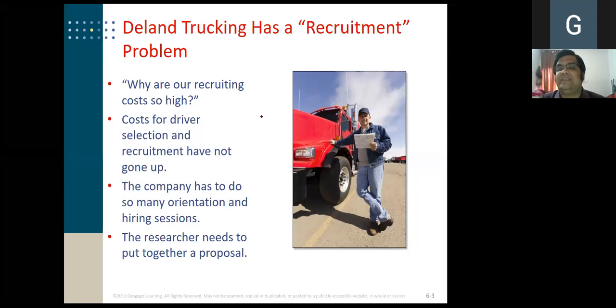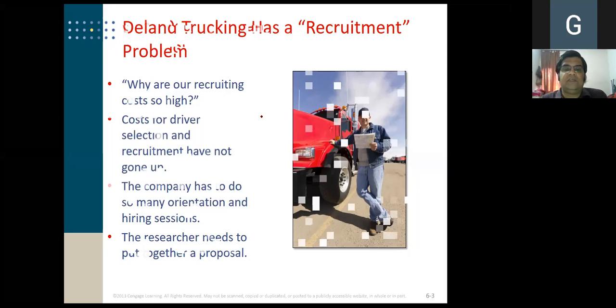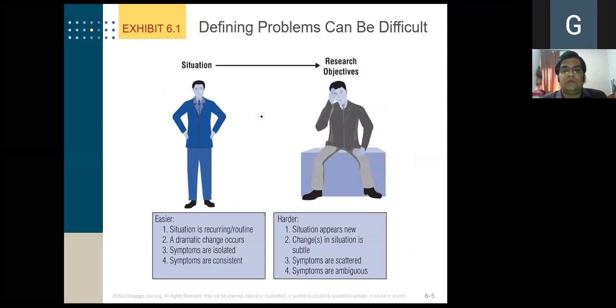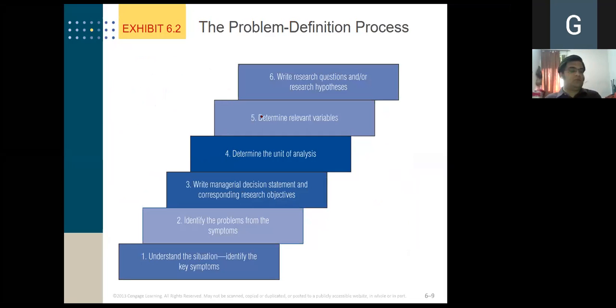I will come to the steps. These are the 6 fundamental steps. All of you can take a note. If you understand these 6 steps, you will understand the whole of the research problem.